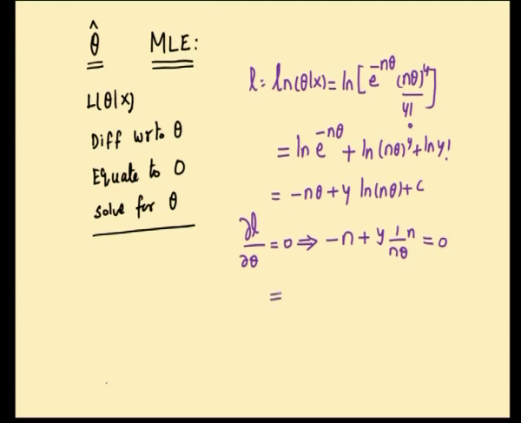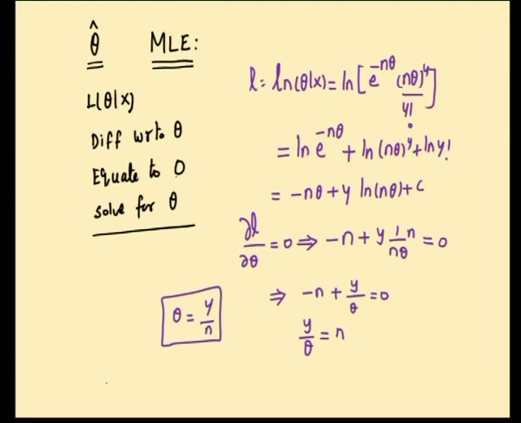So that is minus n plus y by θ equal to 0, or y by θ equal to n. Solving for θ, finally I get θ equal to y by n.